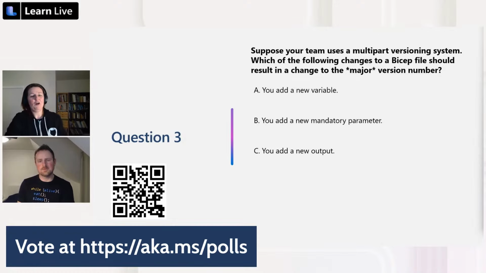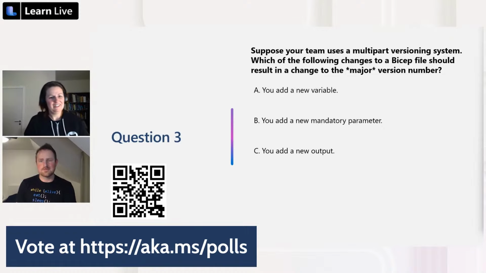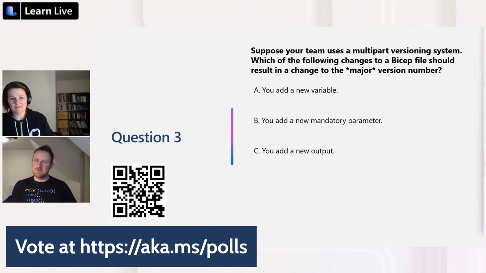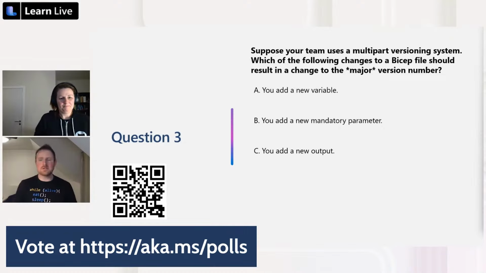So David, how about option A? What do you think? Is that applicable for a major version change? So variables, as we know, are something that is kept internal. It is not exposed to the consumers.